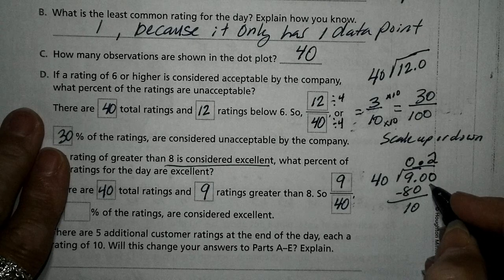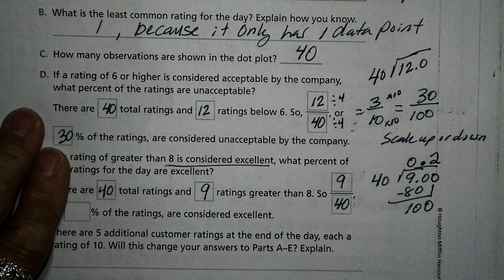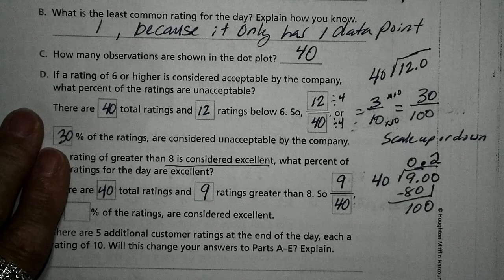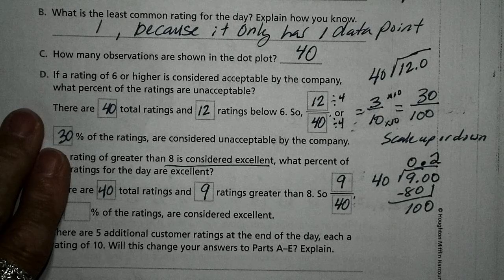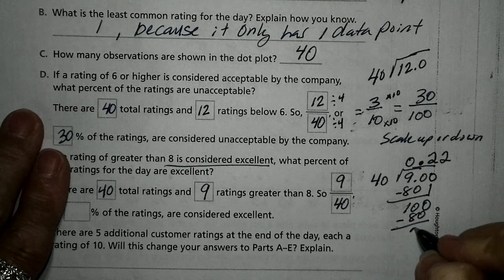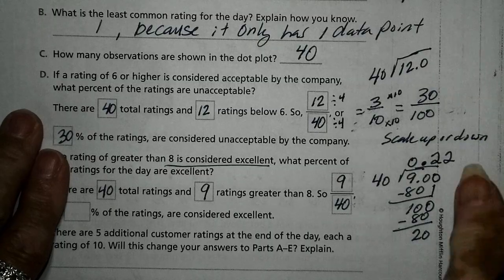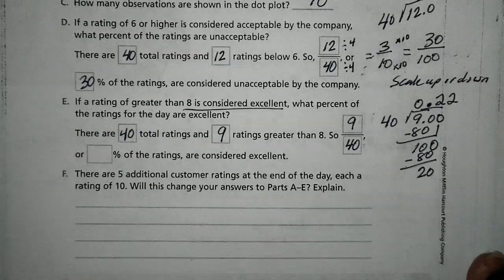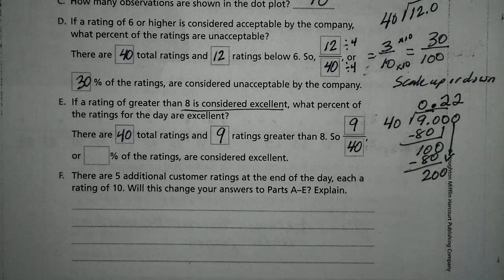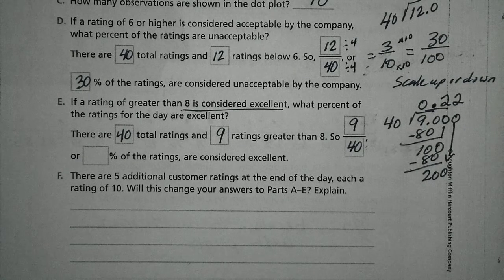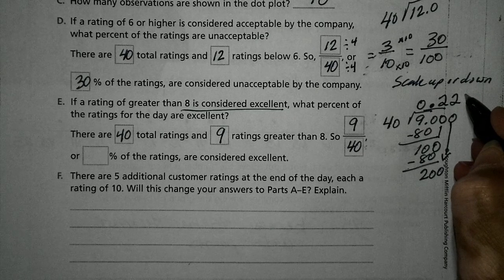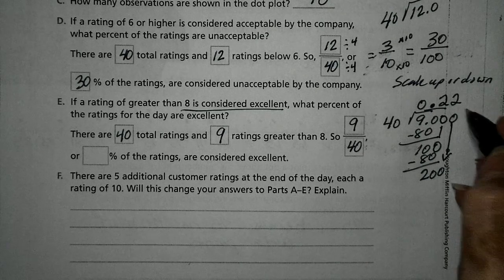Add a 0, bring it down. So 40 into 100 is? Still 2. Which is minus 80. Which leaves me with 20. Add a 0, bring it down. So 40 into 200 is how many times? 5.